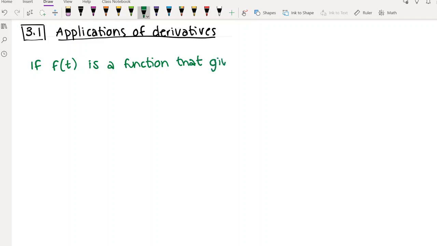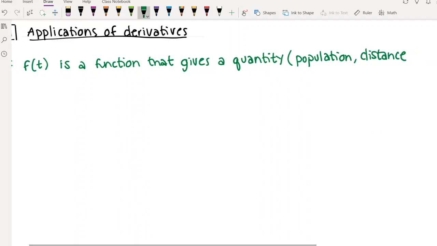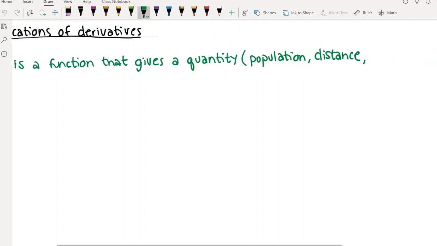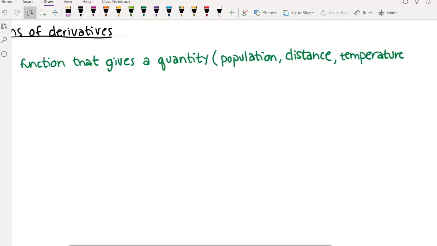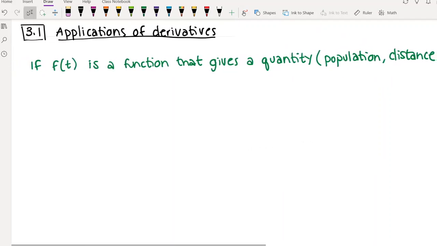that basically gives a quantity, so that quantity could be a number of different things. It could be like a population, it could be a distance, it could be, what was the other one I just thought of? It could be like temperature. When I say a quantity, I just mean some amount of something as a function of time.